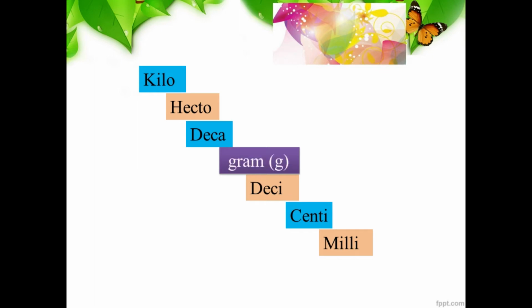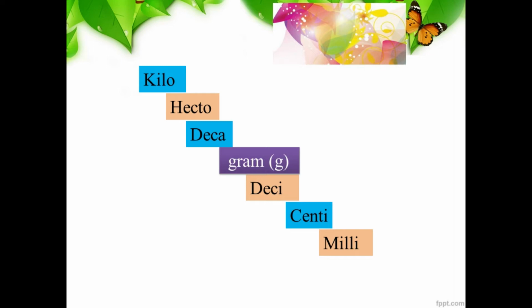Today we are going to discuss the unit of mass. I will add the base unit later. Then the next ones are deci, centi, and the final one is milli. Now the base unit of mass is gram. Shortly it can be written as g.